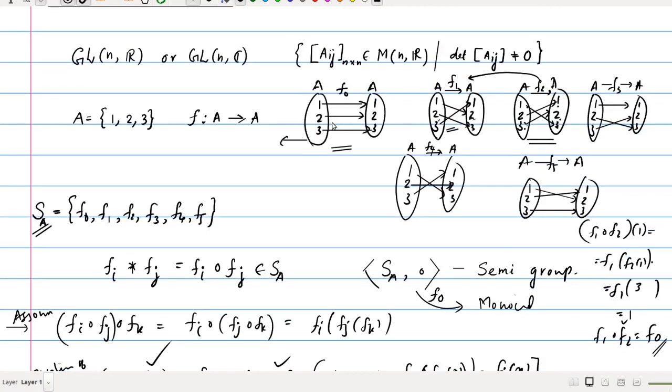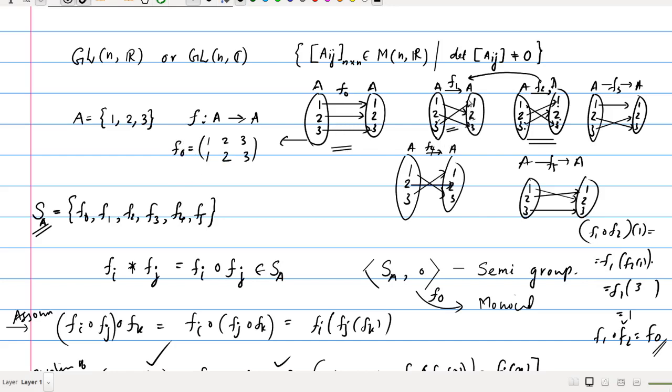To denote a function, we write the elements of the domain in the first row and we write the corresponding images in the second row. Here 1 is mapped into 1, so we write 1 here and 2 here and 3 here. So this is in fact F0.